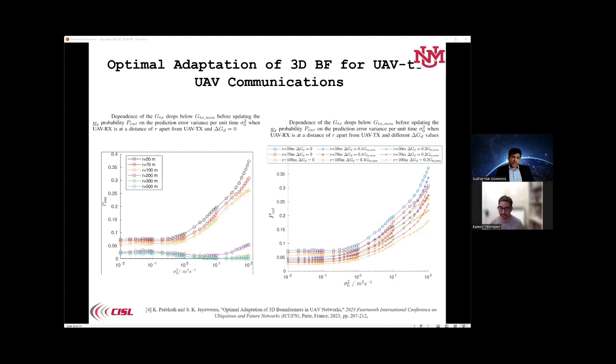But these will relate if you are not just doing the pure beamforming, but also you are trying to estimate the other UAV's movement, so that either you can track that UAV or you can track the beam and do the beam steering. So there are different ways to do it.